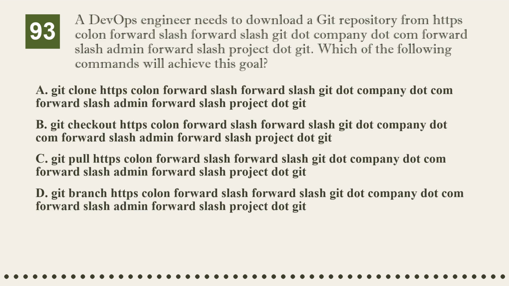Question 93. A DevOps engineer needs to download a Git repository from https://git.company.com/admin/project.git. Which of the following commands will achieve this goal? Option A. git clone. Option B. git checkout. Option C. git pull.